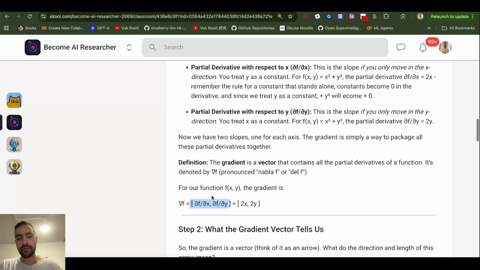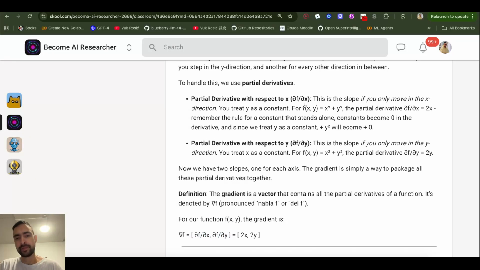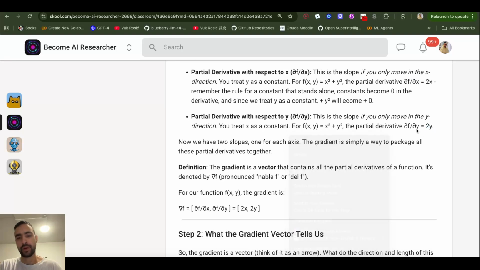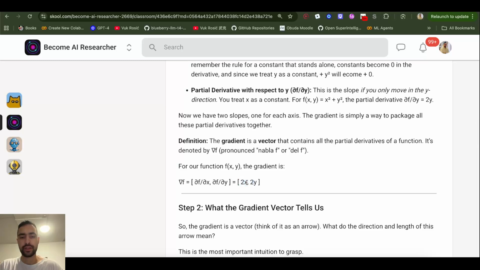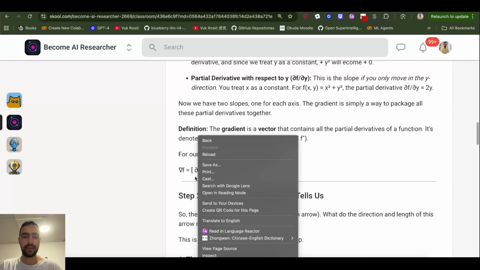We already found that these two partial derivatives are 2x for the partial derivative with respect to x, and 2y for the partial derivative with respect to y. So we put them here, 2x and 2y. That's the gradient of our function f.